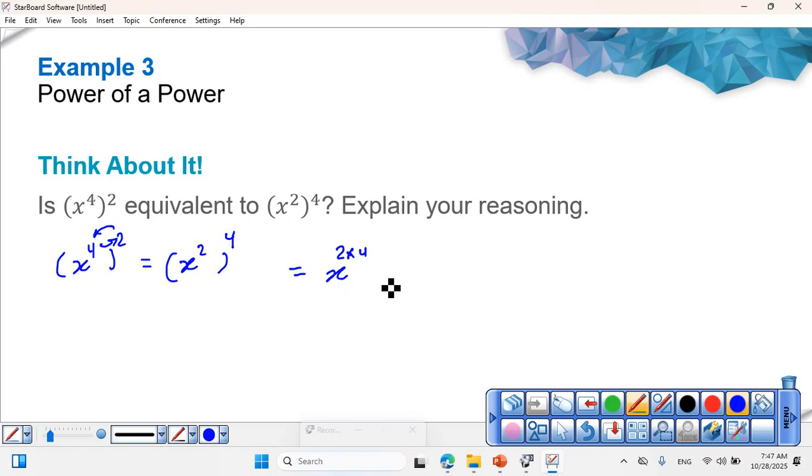The last answer, x to the power 8, because multiplication allows us to swap between them. 2 times 4 equals 4 times 2. Yes. Okay.